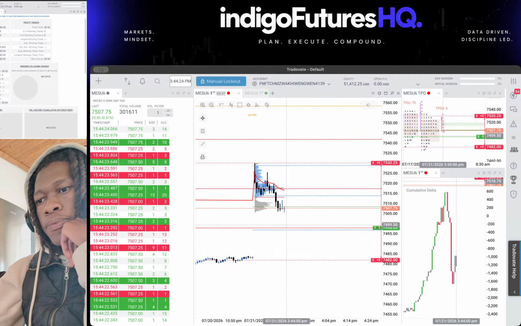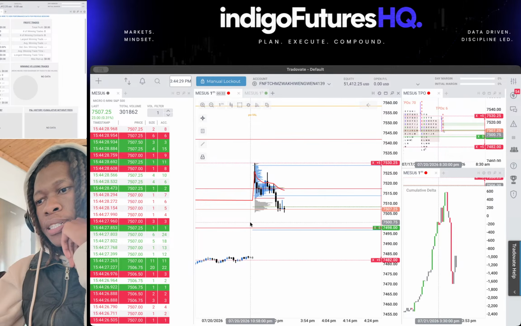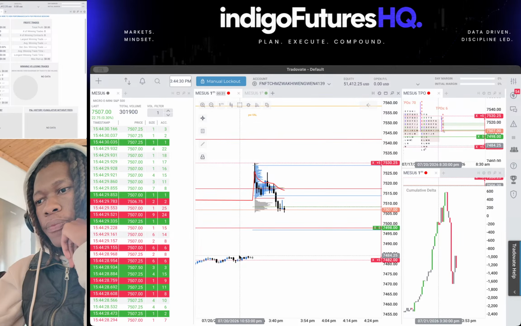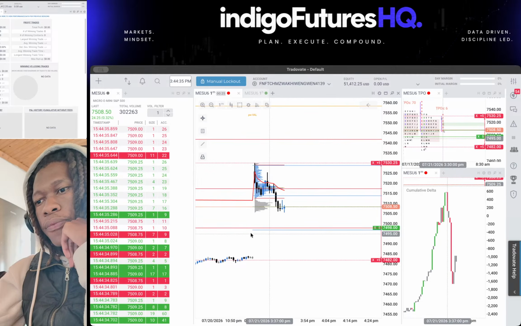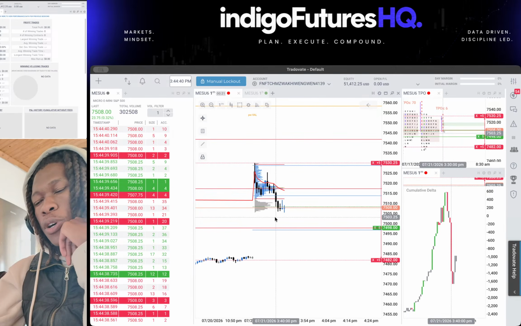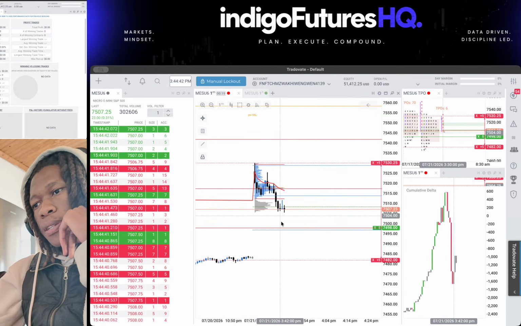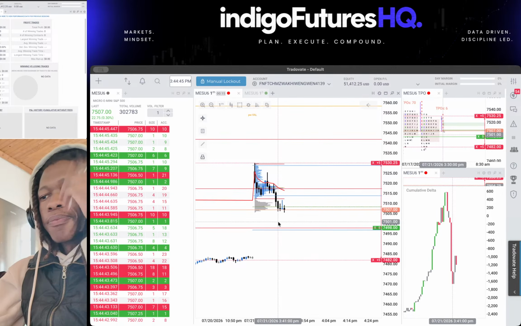As I was saying, we do have this gap fill, right? But again, my logic is, whomever the participants were that pushed the market from its close to its open here today are gonna want to protect that, right? Even though we have kind of moved lower. These are the first 30 minutes, well, the earliest participants in the market, right?